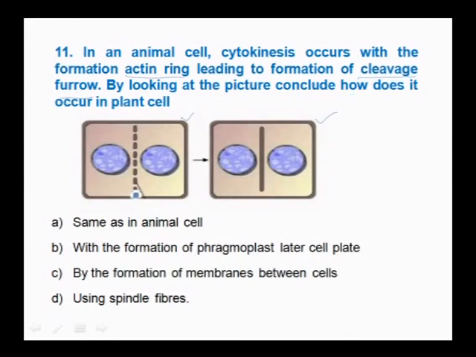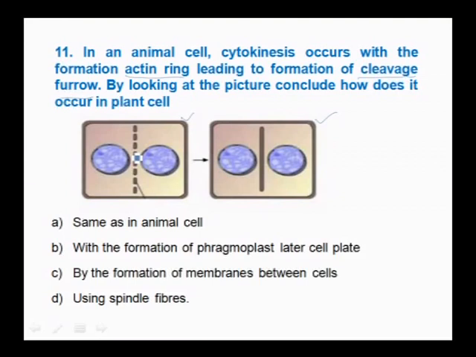In the first picture you can see the arrangement of the phragmoplast at the center of the two daughter nuclei, and in the second diagram you can see the formation of a cell plate.